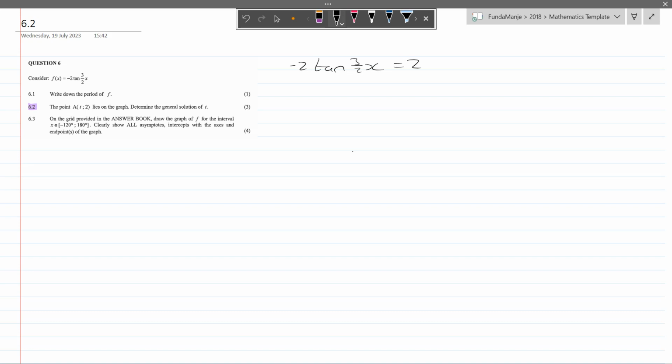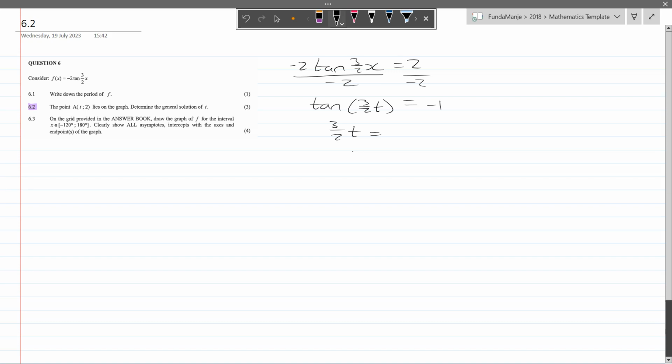So first we can divide both sides by minus 2. This will give us tan 3 over 2t, since t is what we're looking for, equals minus 1. Then from here you can write it as 3 over 2t is equal to the arctan of minus 1.